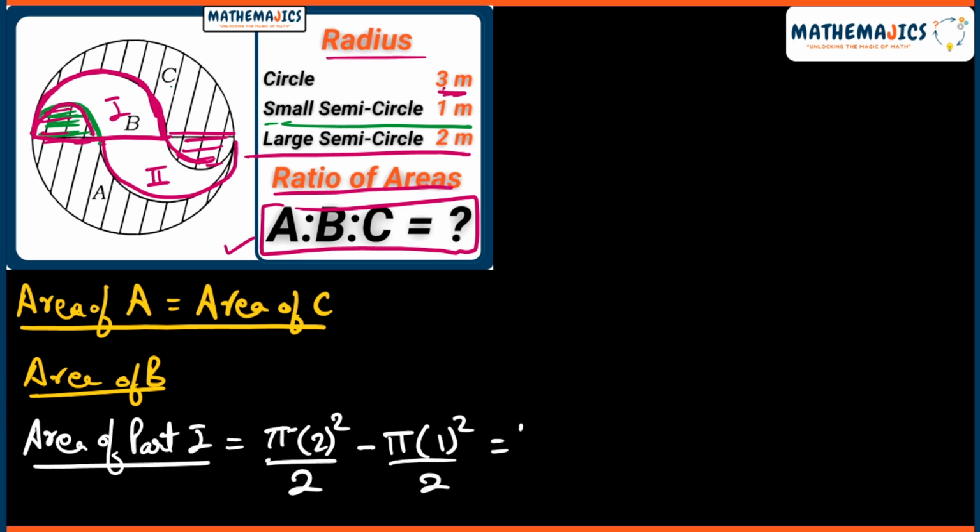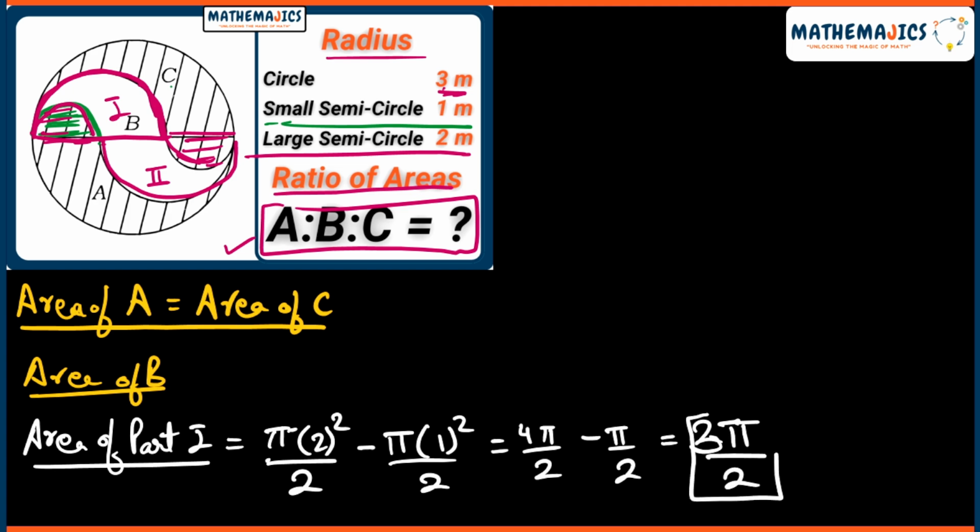That means we have 4 pi by 2 minus pi by 2, which will give us 3 pi by 2. But this is not the area of B. This is area of part 1.